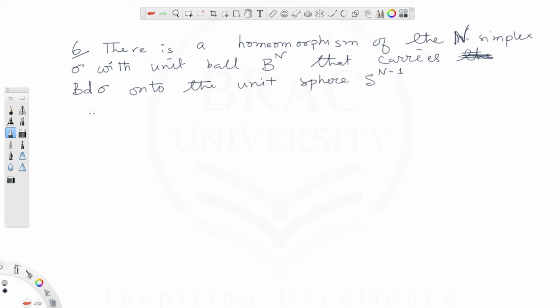Okay, so if you want to look at this property in the context of a two-simplex, think about a two-simplex, which is this triangular region.